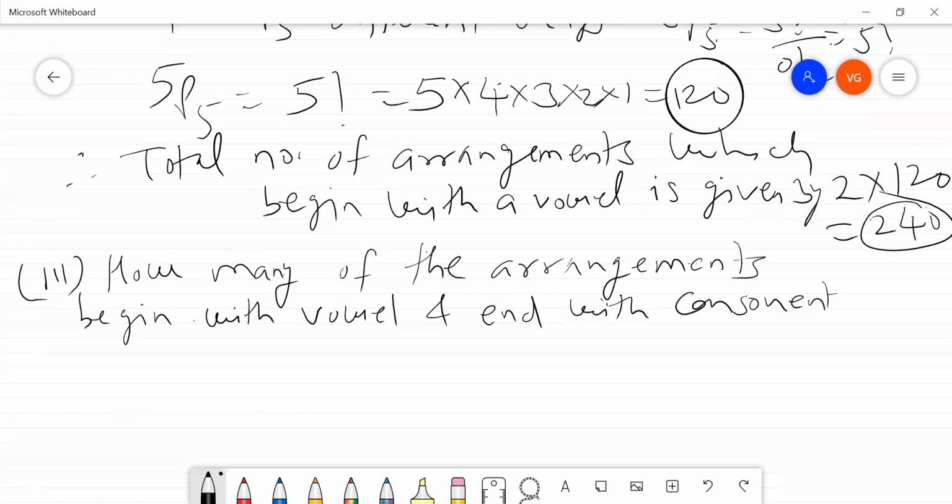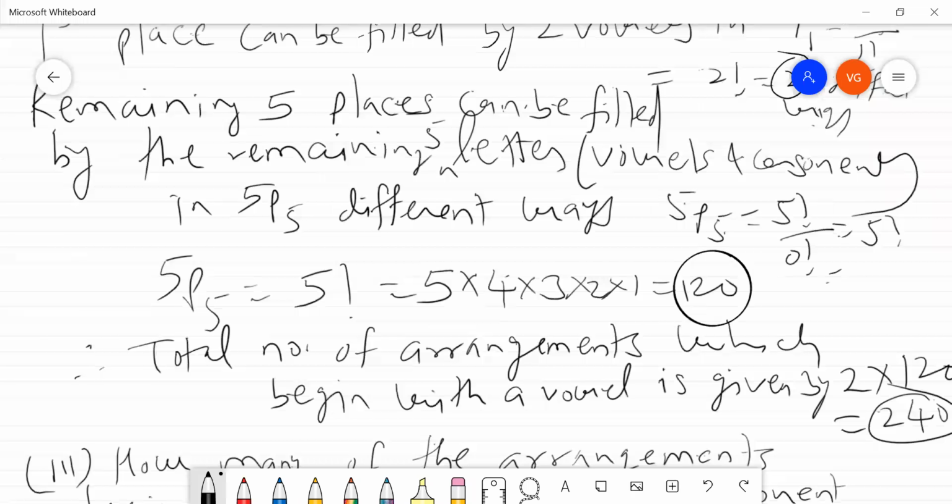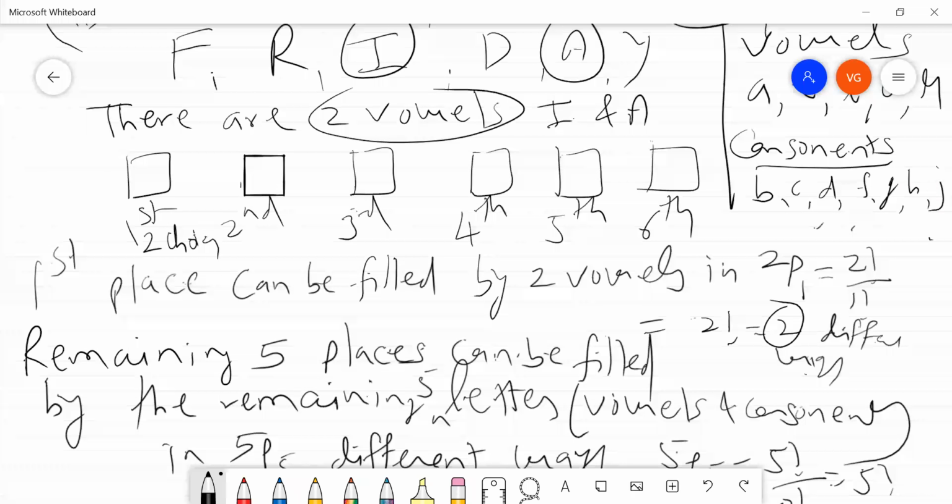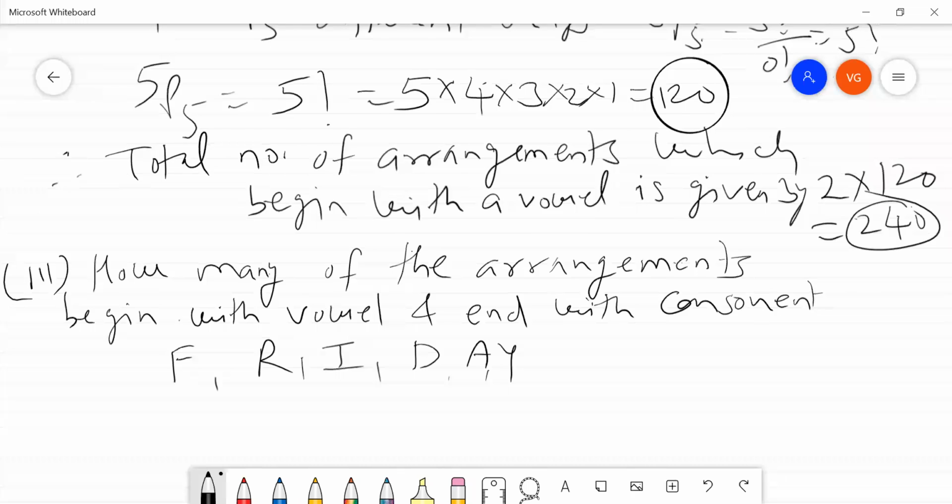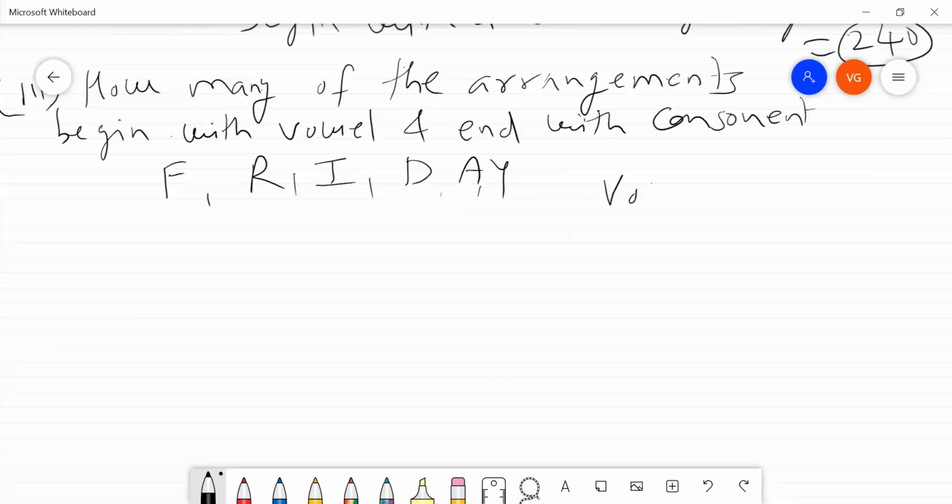Okay. Now see, out of these 6 letters in the word FRIDAY, how many vowels are there out of these 6? Vowels are I and A, 2 in number.